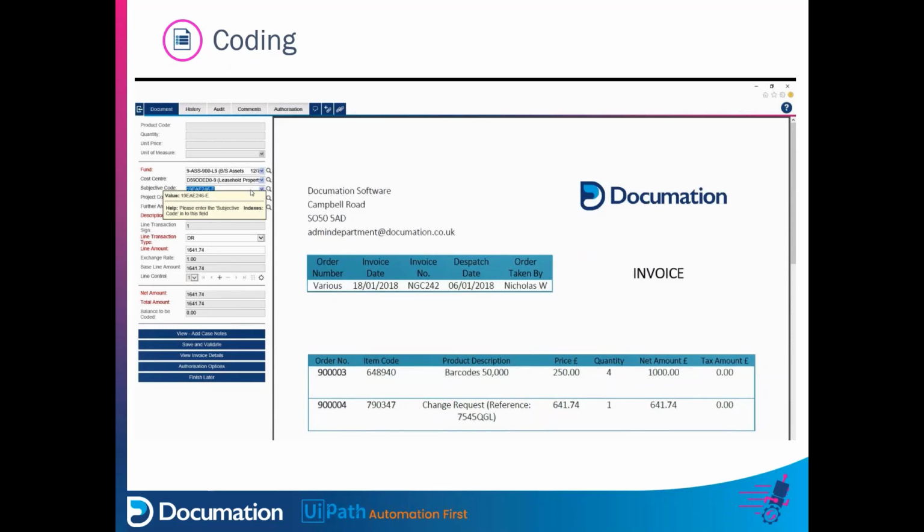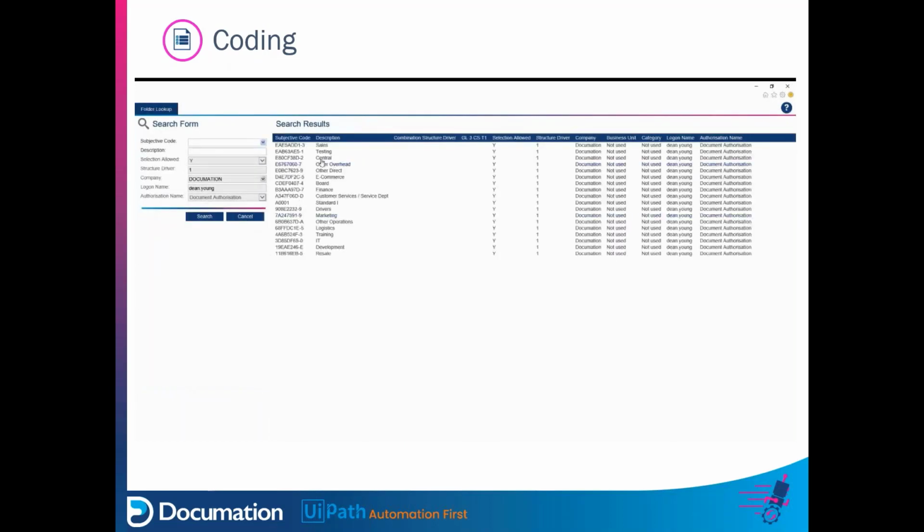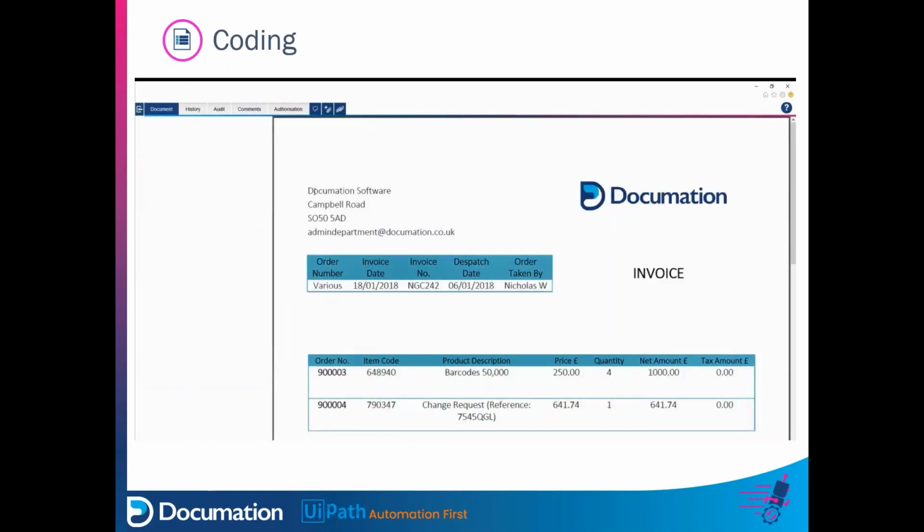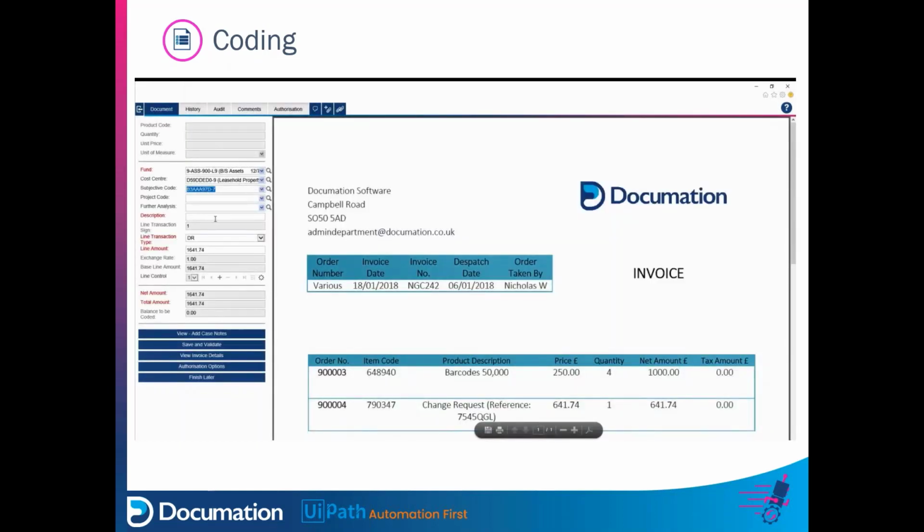And using artificial intelligence, we can guide that person through the coding process, making sure, for instance, that they comply with the rules in terms of which codes they're allowed to use, helping them and hinting them to streamline that process by giving them codes that they've used previously. And finally, enabling them to, just with a single click, send that invoice along its way through the workflow.